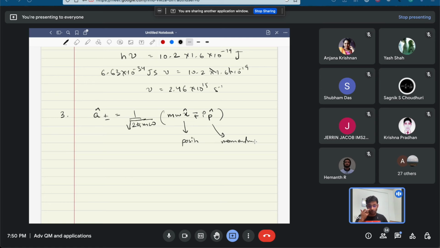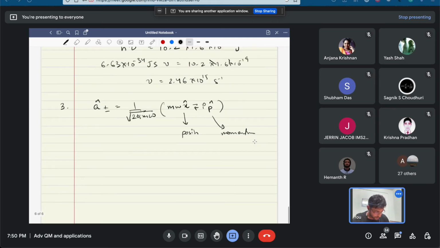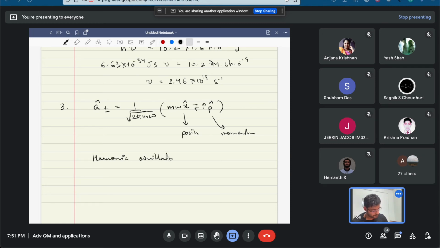What the ladder operator essentially does is, in the algebraic method we have the harmonic oscillator states defined in the form n. That means you have n number of particles in one of the states.